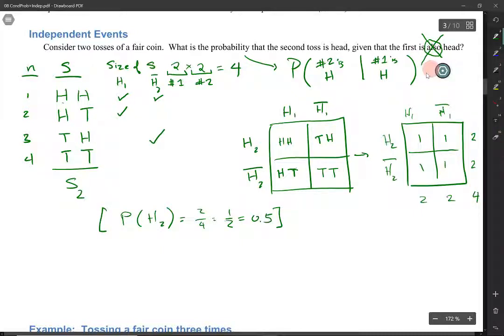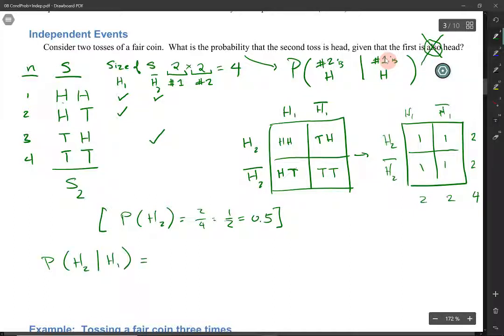But what we really want is the probability that the second one is ahead given that the first one was ahead.